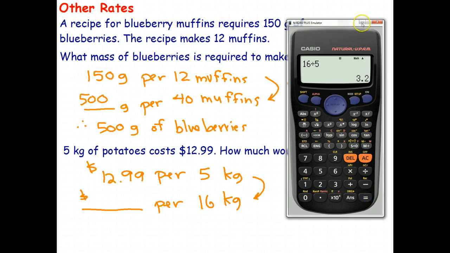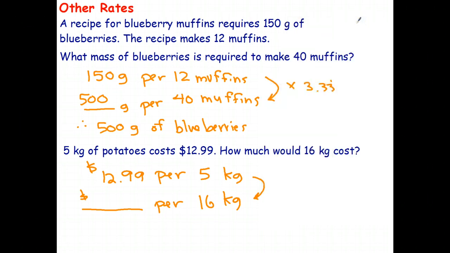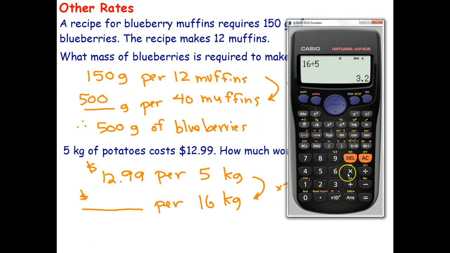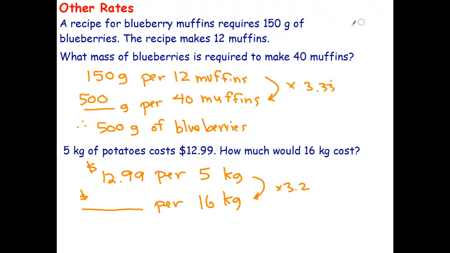And I get 3.2. So I've got to multiply over there by 3.2. So times 12.99. 3.2 times 12.99 and $41.57 rounded off.